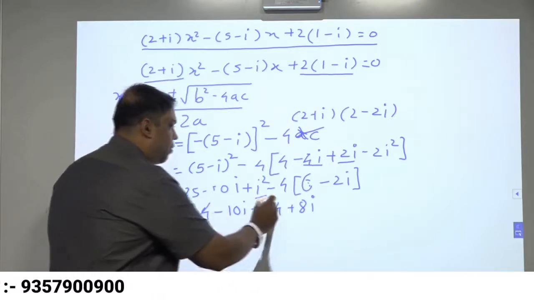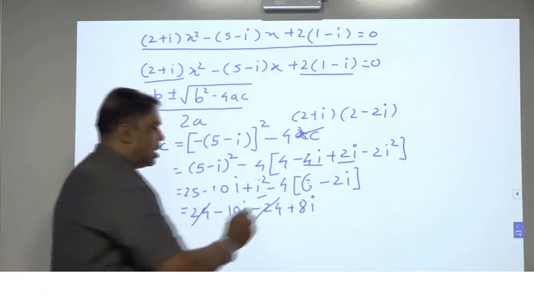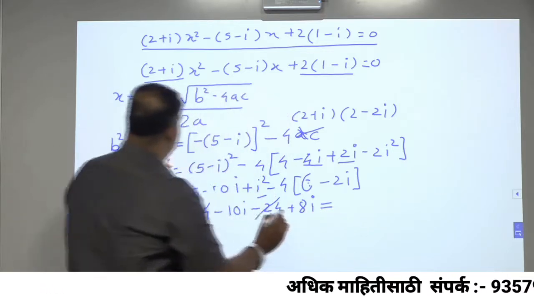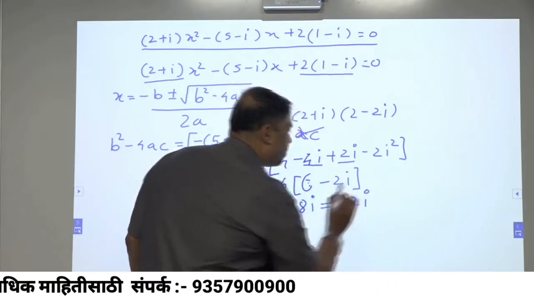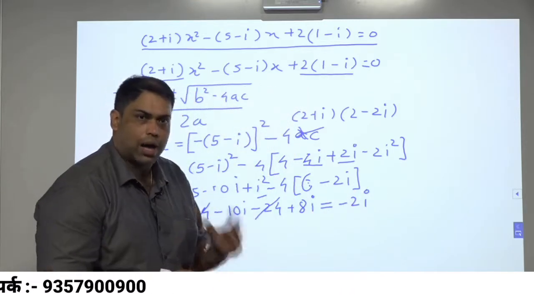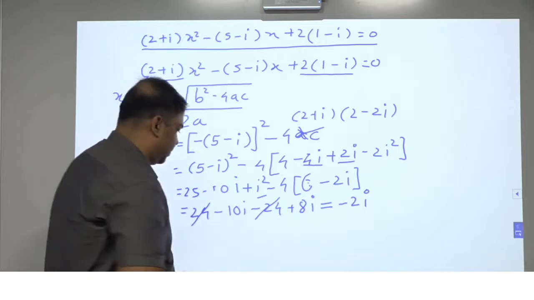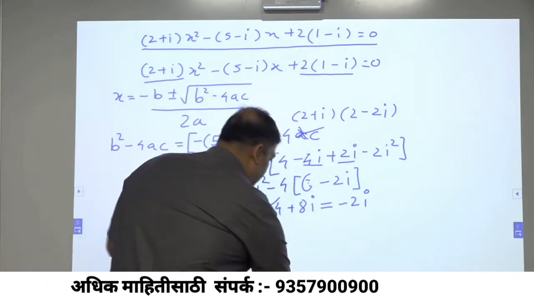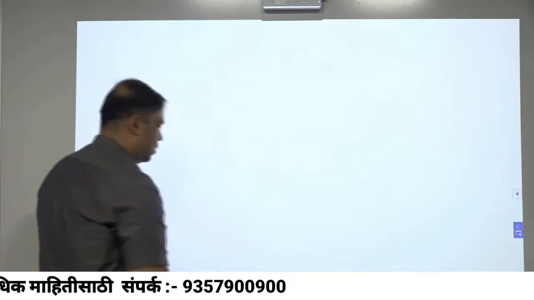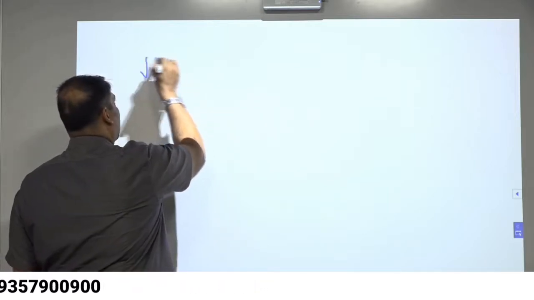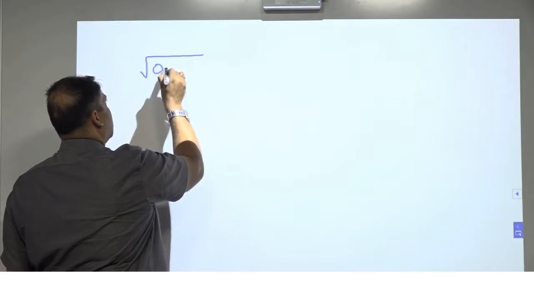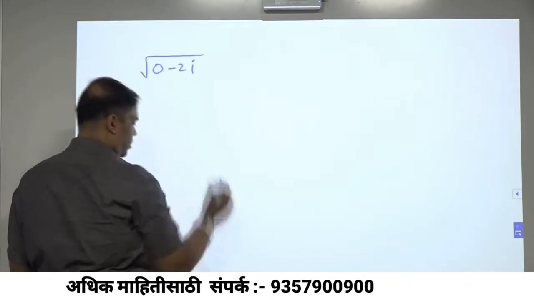So this 24 and 24 will be cancelled, and my answer of b square minus 4ac is minus 2i. Clear? So now I have to do the square root of 0 minus 2i.